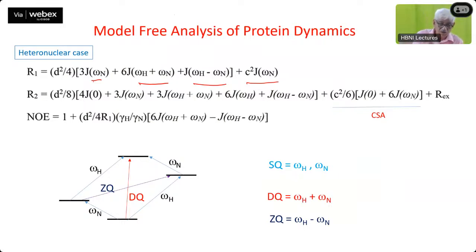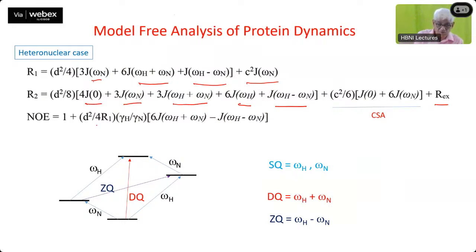For the R2, I have here zero frequency J0, J omega N, omega H plus omega N, omega H minus omega N, and this chemical shift anisotropy. This again has dependence on the spectral densities at omega N and J0, and plus you add here R exchange.